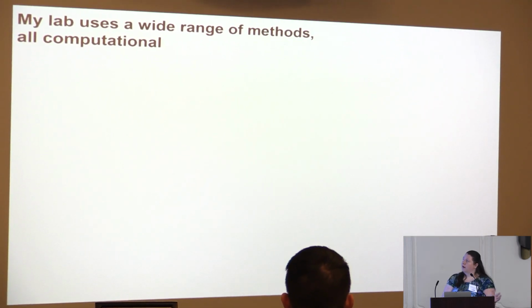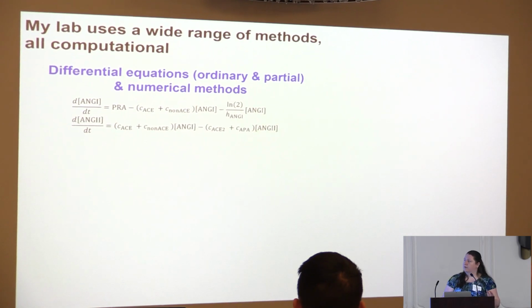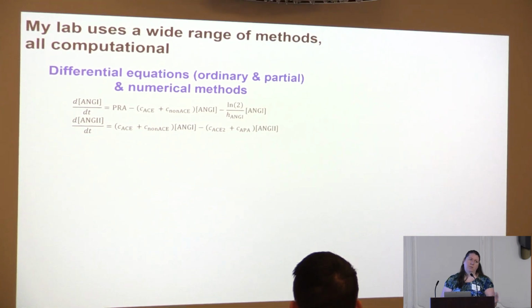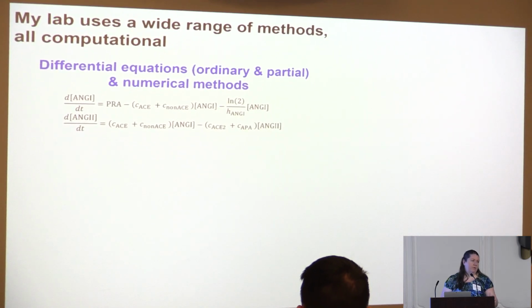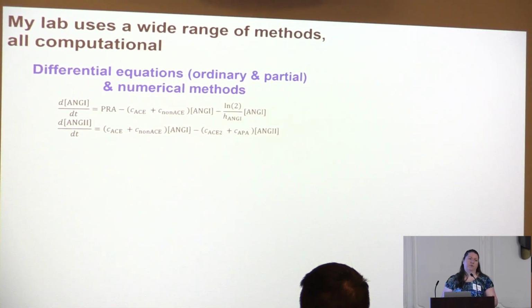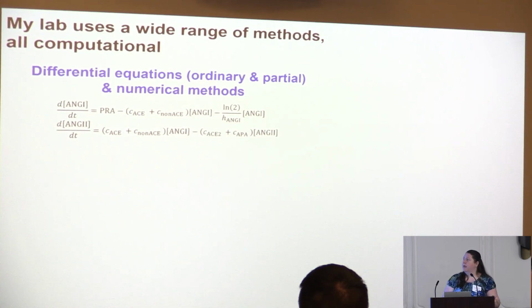We use a lot of different computational methods, and we've been continuing to evolve and learn more and more techniques. So as a graduate student, I focused almost exclusively on what we call deterministic mathematical models using ordinary and partial differential equations. These were the classic tools from chemical engineering.